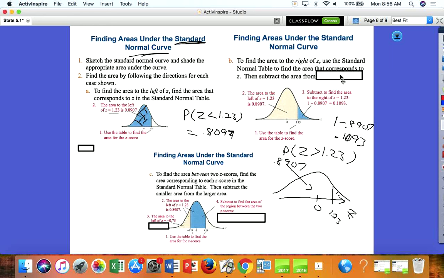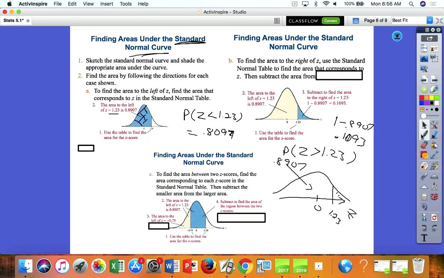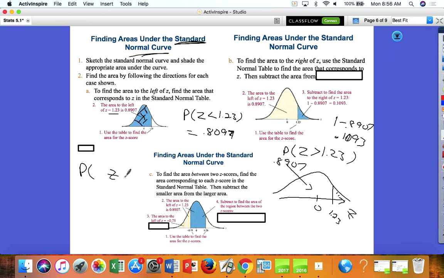So you're going to do the same thing here. If we want to know the probability that a z-score would be between, in this case, 1.23 and negative 0.75, you draw a picture.